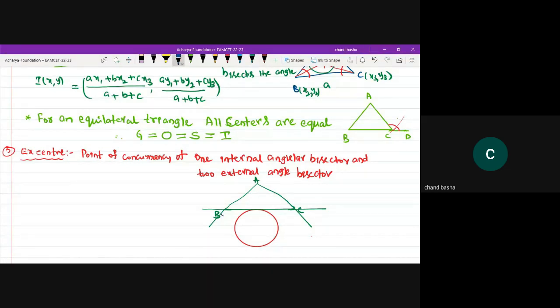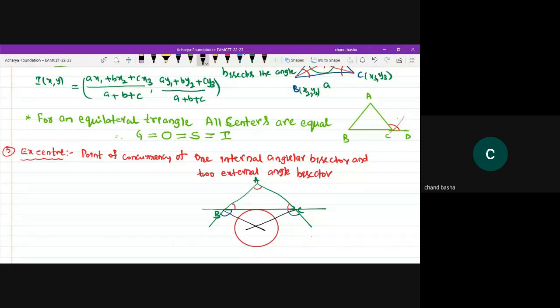Here the external angle at B. This is not angle B; the internal angle means this angle. This is internal, this is internal, this is internal. External angles, sir, here two external angles are there. This is also an external angle. It is a point of concurrency of two external and one internal.